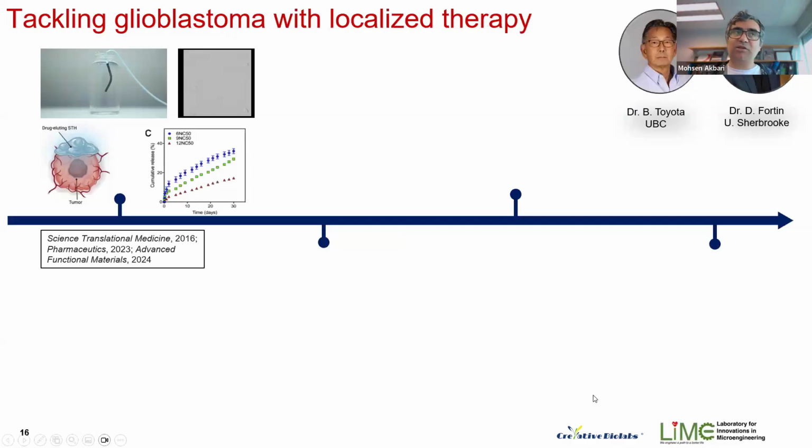So the last part of my talk is focused on how we use this platform to investigate drug delivery systems, specifically drug delivery systems that are used to locally deliver therapeutic payloads to the site of the brain. We've been working on developing these types of drug delivery systems for a while, capitalizing on a material that was developed in 2016, which was shear thinning and injectable.